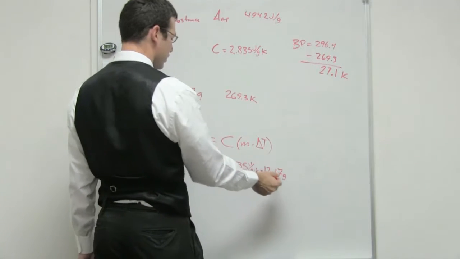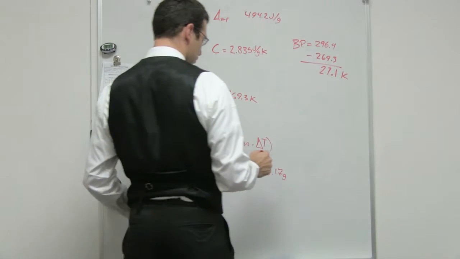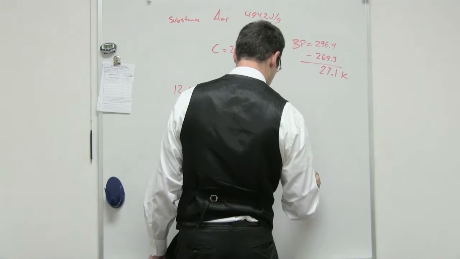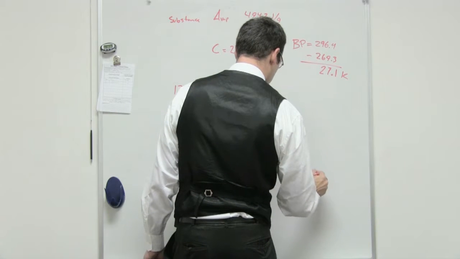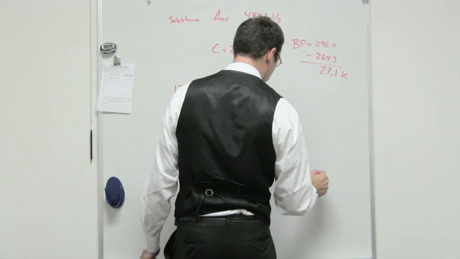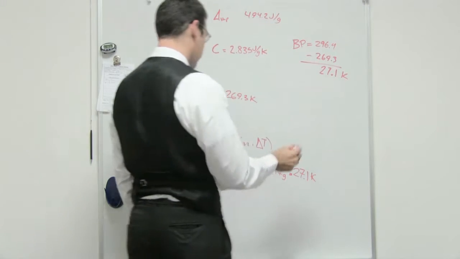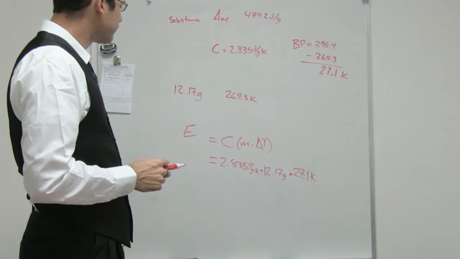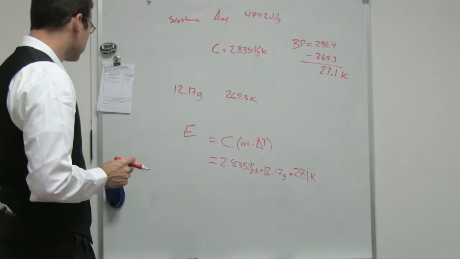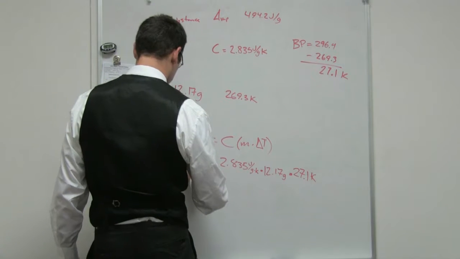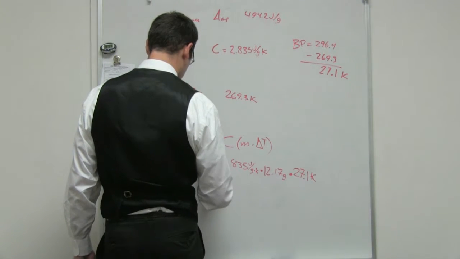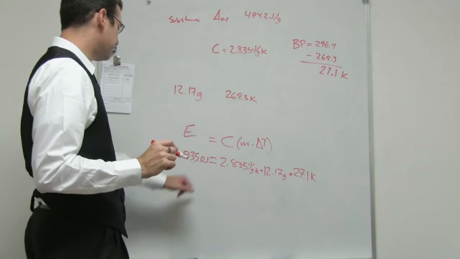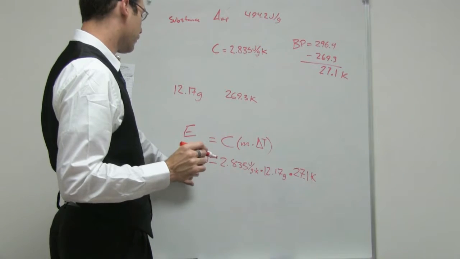Because we have grams on top and on the bottom, that cancels out. Then we multiply by our change in temperature, 27.1 Kelvin, leaving us with just joules. We get 935.0 joules. That's one of our parts.